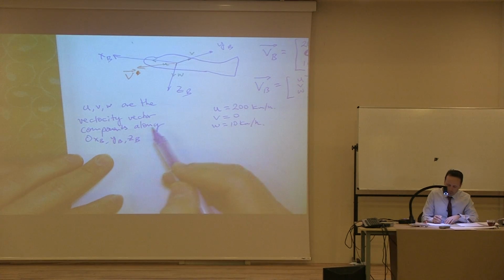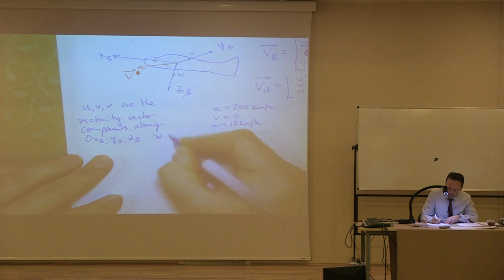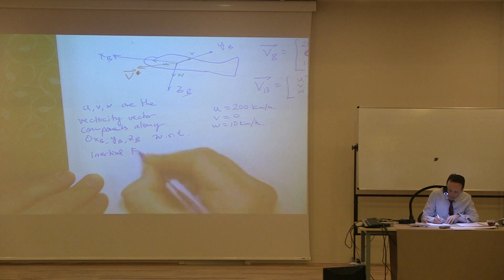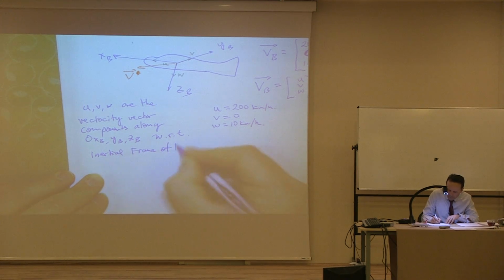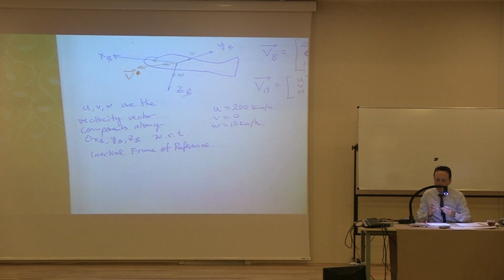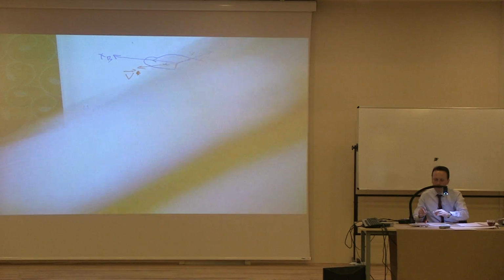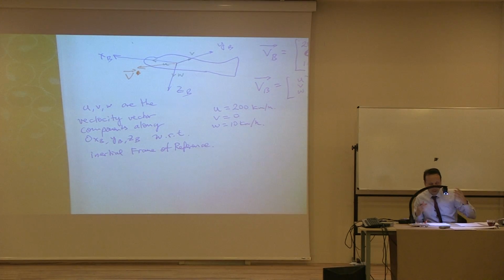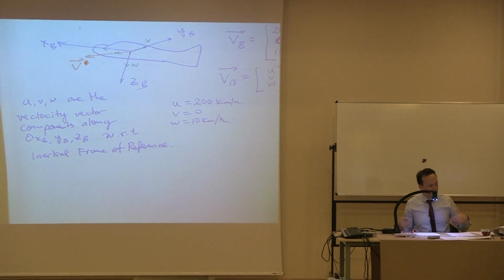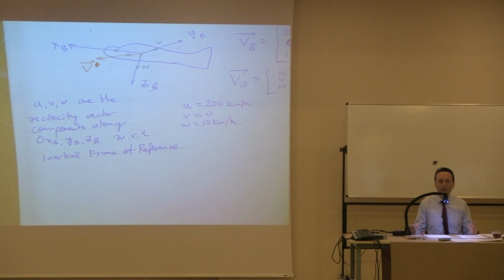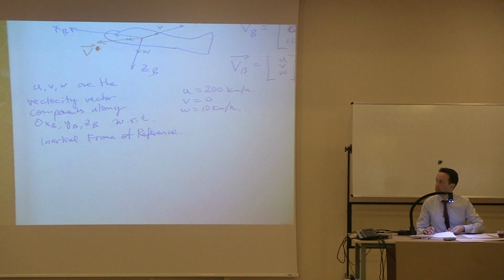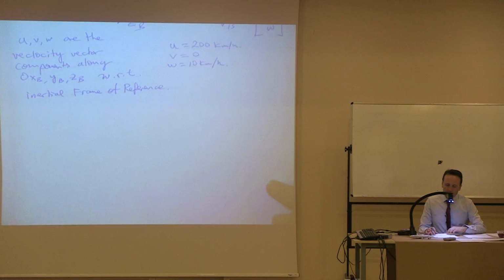They are the velocity vector components with respect to the inertial frame of reference. Okay? As I said, if I make the assumption that Earth is the inertial frame, we should know about that, and we should write it somewhere down, and then it will be the velocities of the airplane written in the body axis system with respect to Earth. Is that okay? Good. So that's number one.